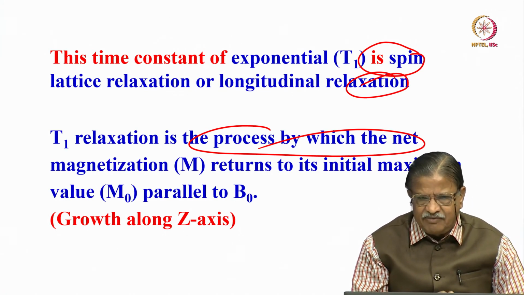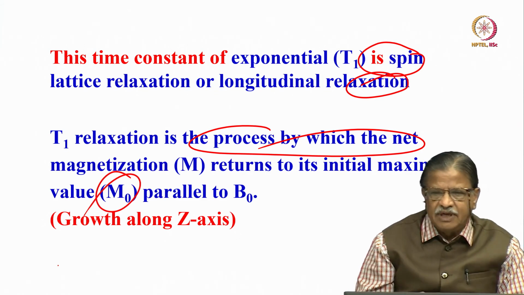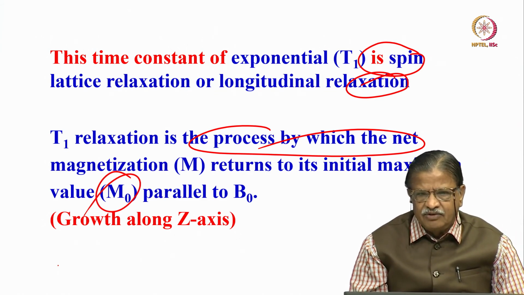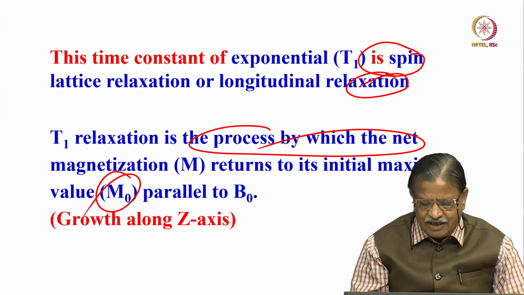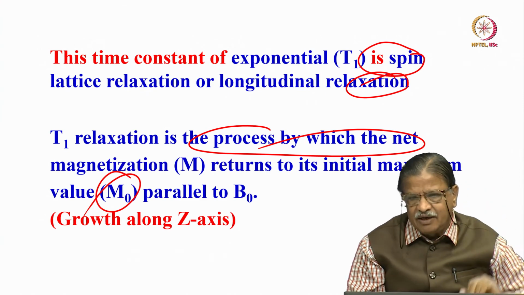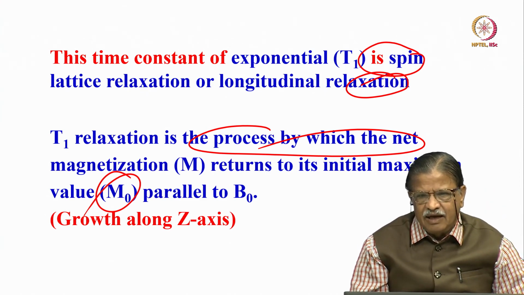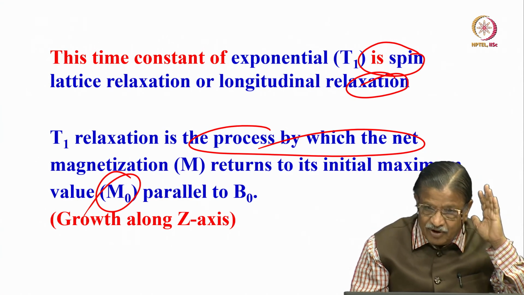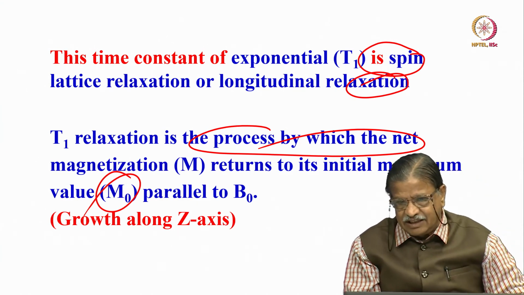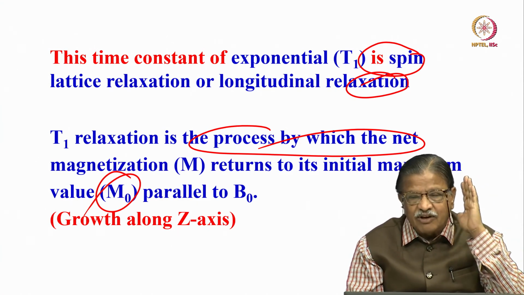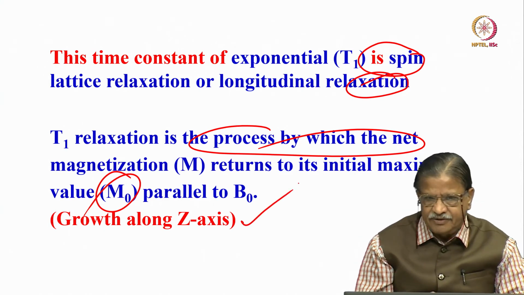What is that initial maximum value? M0. That is the thermal equilibrium value. So, the net magnetization M will come back to M0 after some time. That time is called T1. It is the relaxation time. This results in growth of magnetization along z axis.